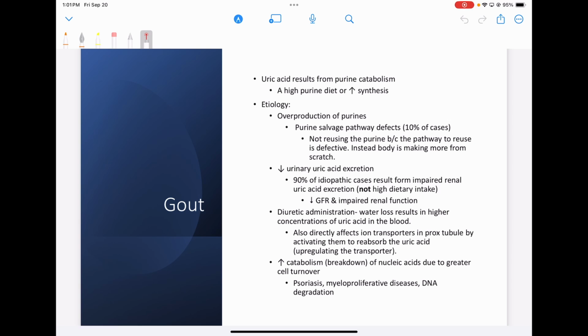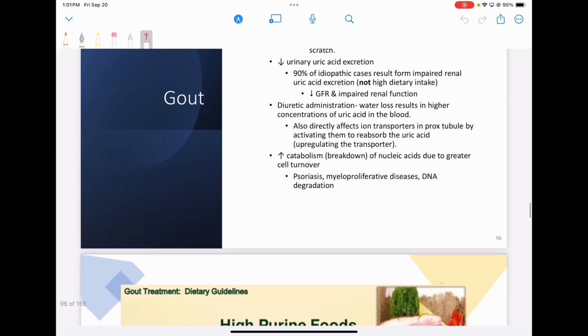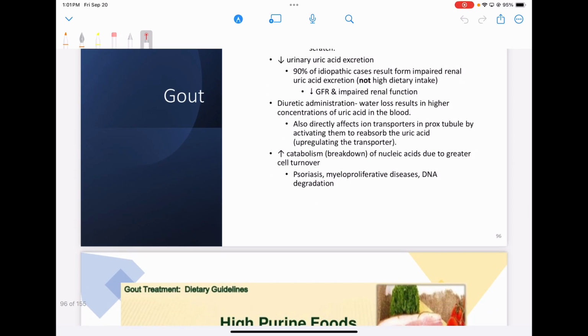In 90% of idiopathic cases, again, there's impaired renal uric acid secretion, not high dietary intake. The problem with these people is the kidneys can't get rid of the uric acid, so it builds up, not because we're eating too much purine. Diuretic administration: water losses result in higher concentrations of uric acid in the blood.